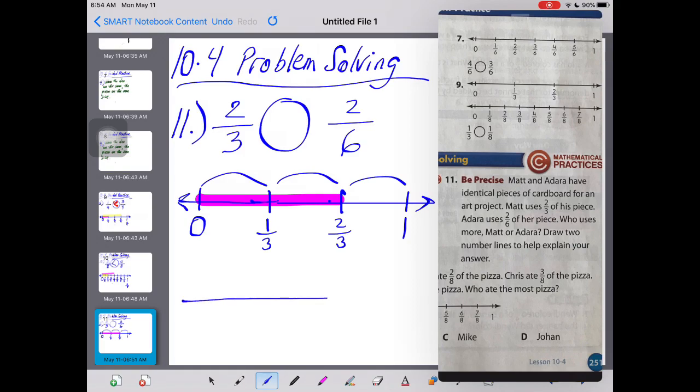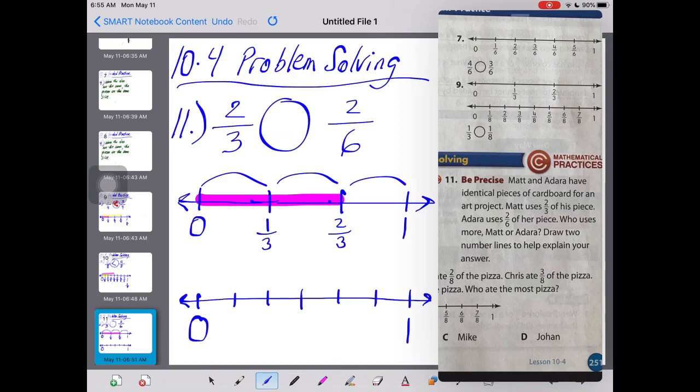So now we're going to look at Adara's. So we're going to do the same, do a number line. Try to make sure that number line is the same length, because remember, those cardboard pieces are the same size. Okay, that was close. And this one's divided up into sixths. So let's divide this up into half, and then we'll have one side have 3 pieces, the other side have 3 pieces.